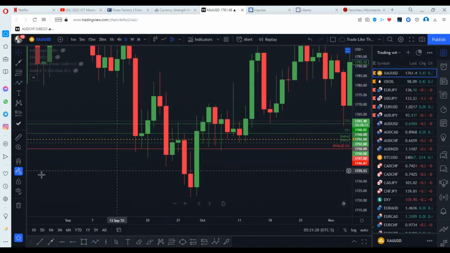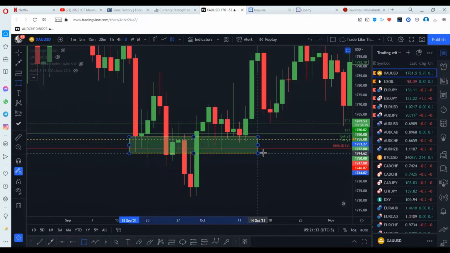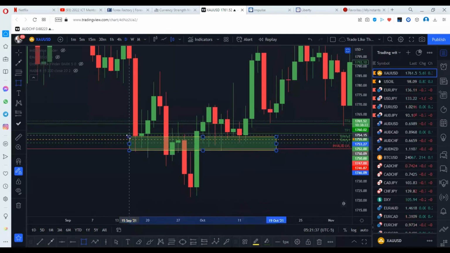You guys see that? So let me draw the box. So this would be your low right here. Price breaks it, comes back, retests it, and then drops.